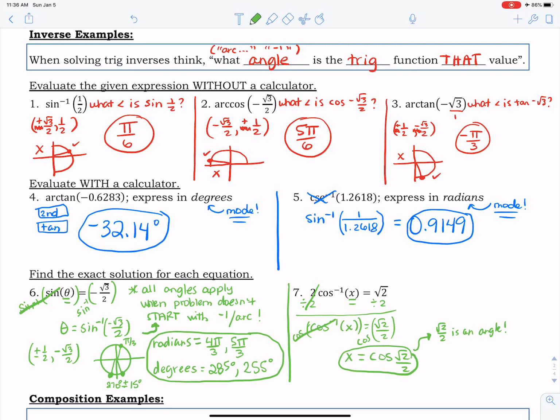But if I wanted you to actually solve it, you just put it in the calculator in radian mode. 0.7602 would be your answer. And again, you put it in the calculator in radians.